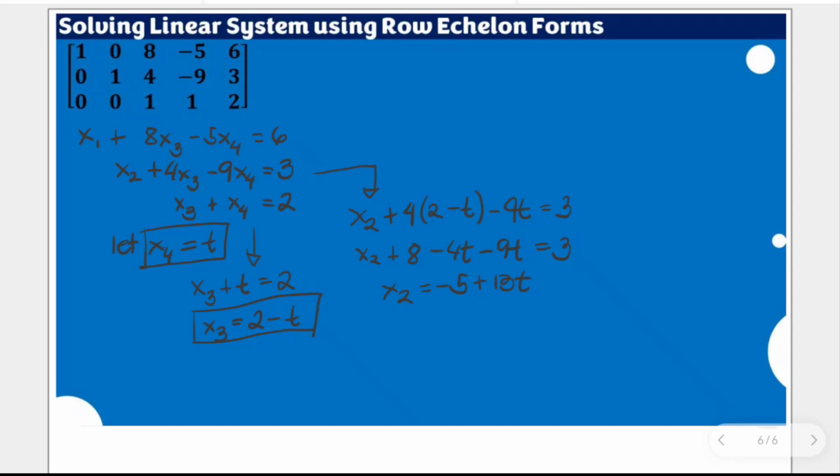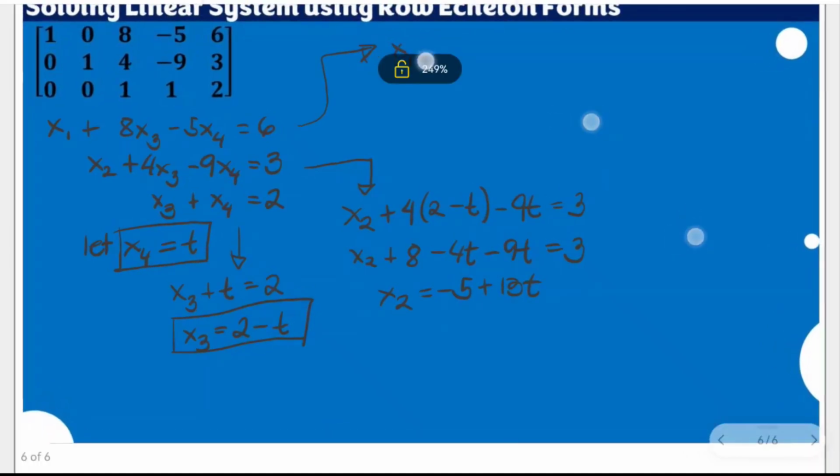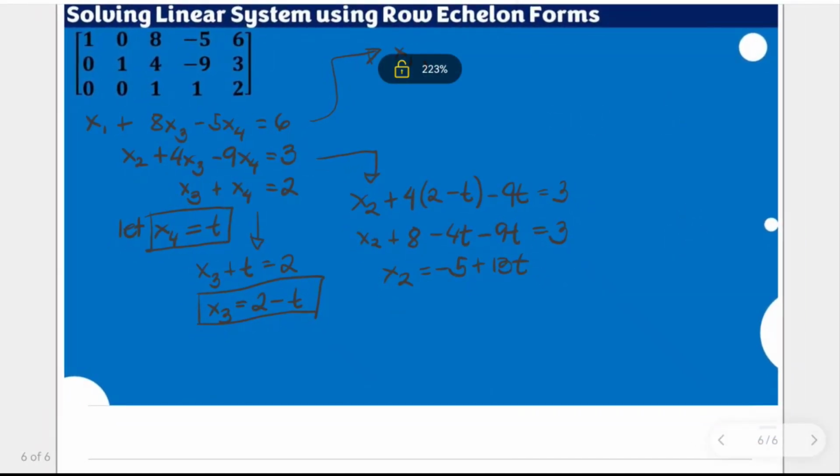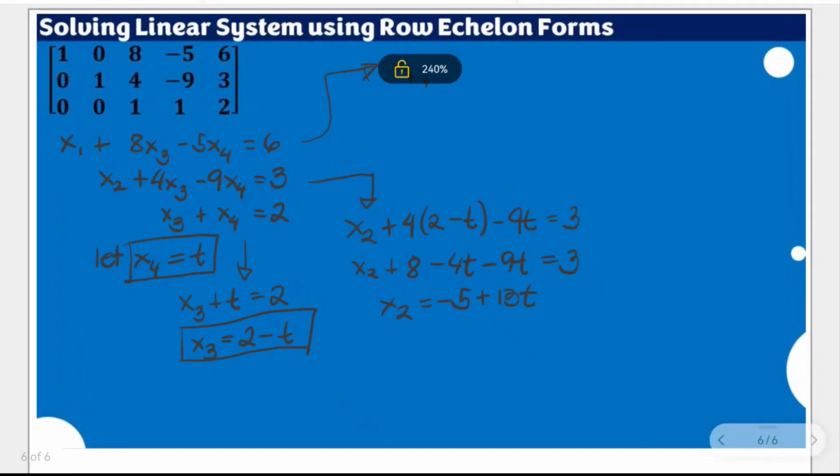Finally, with all of these representations, we can now give the representative value for x sub 1. You will have x sub 1 plus 8 times x sub 3, which is 2 minus t, and then minus 5t as your x sub 4, equal to 6.